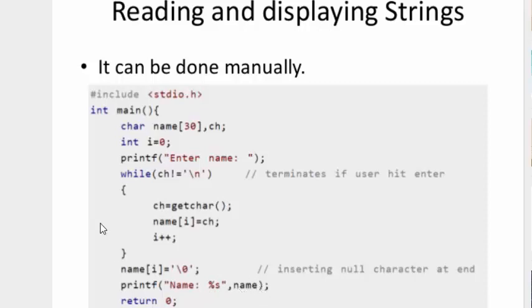So this is how we can read and display a particular string by a manual method. This whole function is done manually. We have used here a regular reading method for an array, so a while loop has been used.